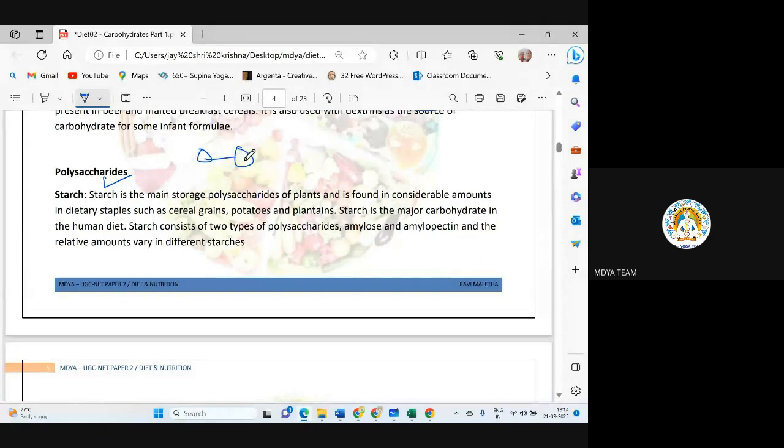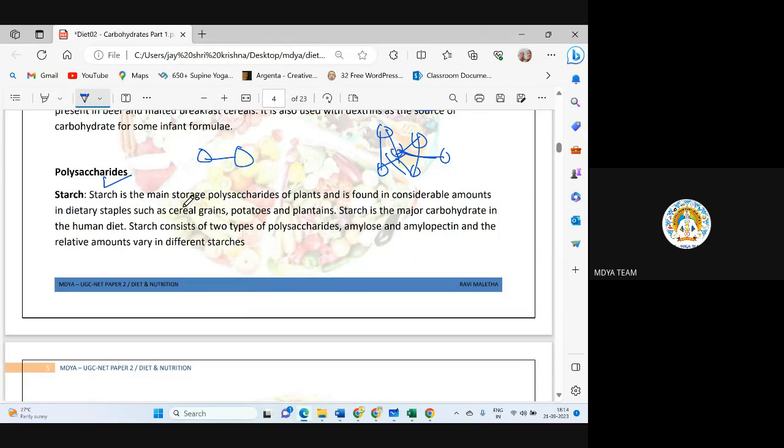But when there are hundreds of monosaccharides, it will be a complex structure. So in polysaccharide, hundreds of monosaccharides are present, and they have a very complex structure and very complex bonds.